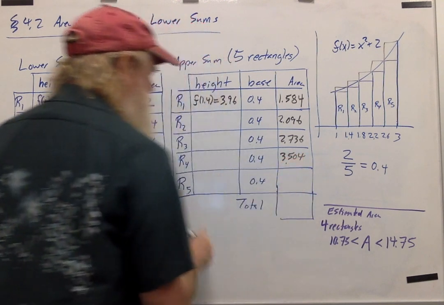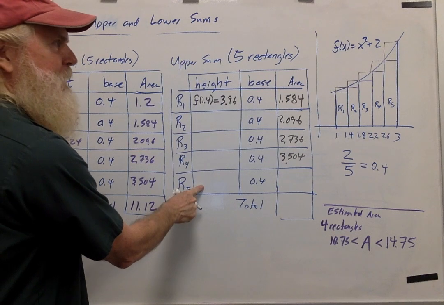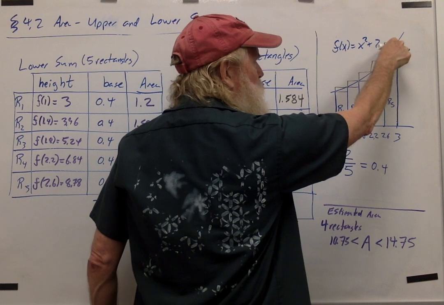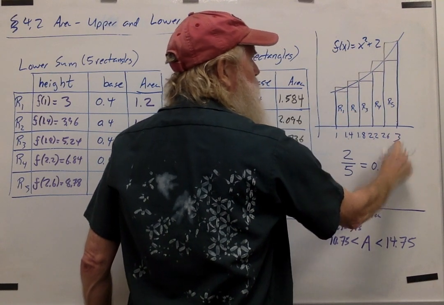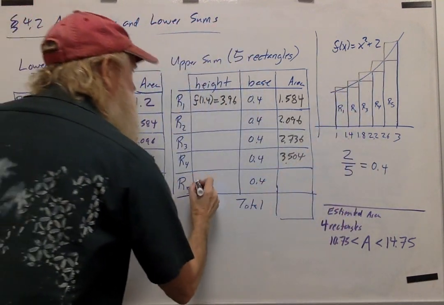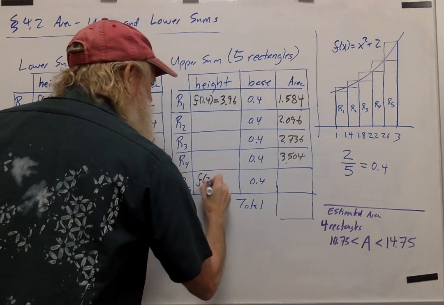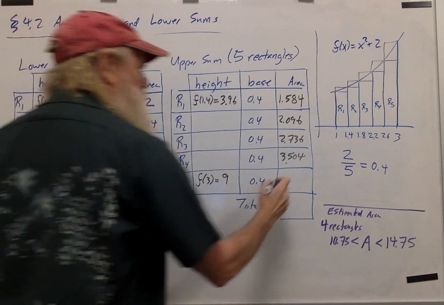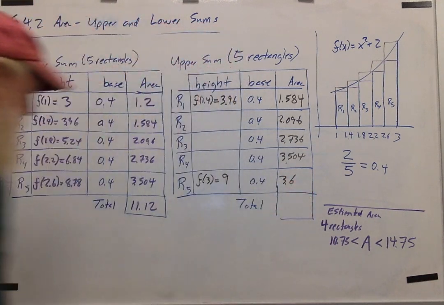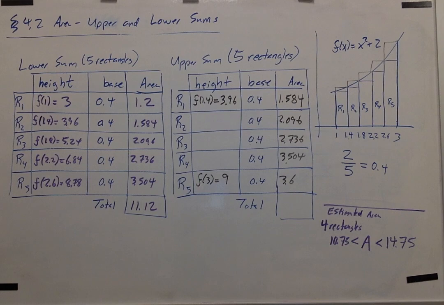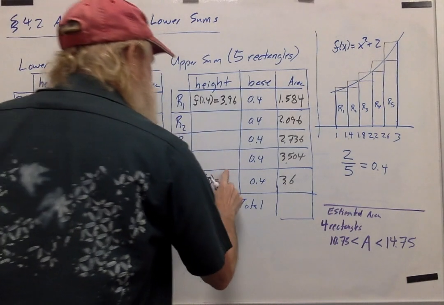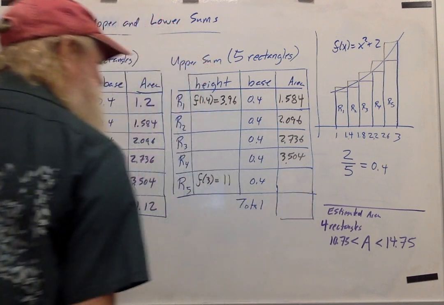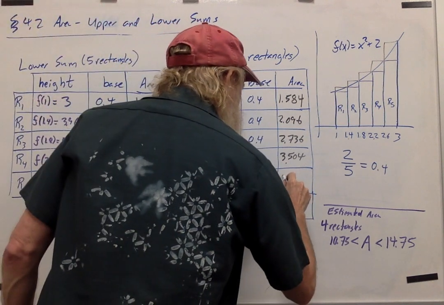But we need to do a fresh calculation to get the area of R5. The height of R5 is the y-coordinate of this point, which I can get by plugging 3 into the function. And f of 3 is 9, and 9 times 0.4 is 3.6. Oops, sorry. 9 plus 2 is 11. And 11 times 0.4 is 4.4.